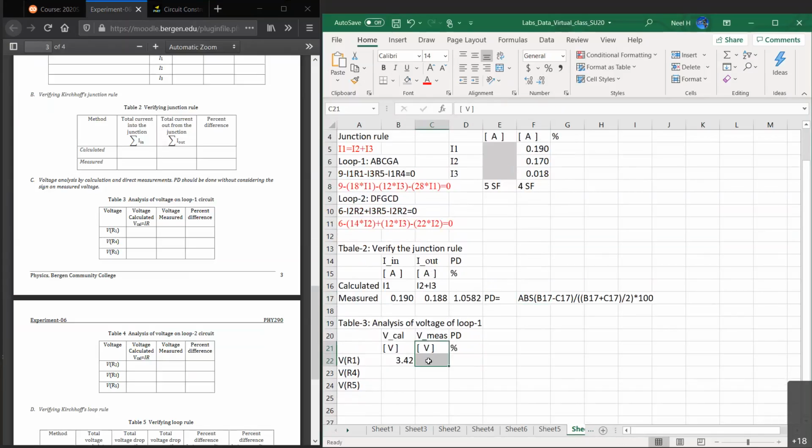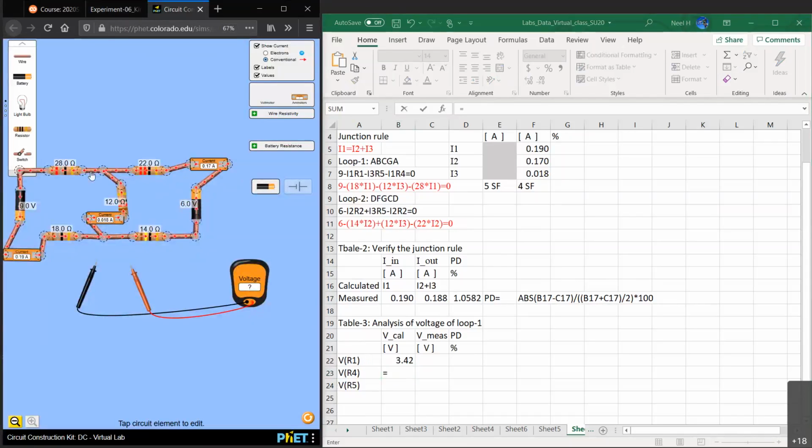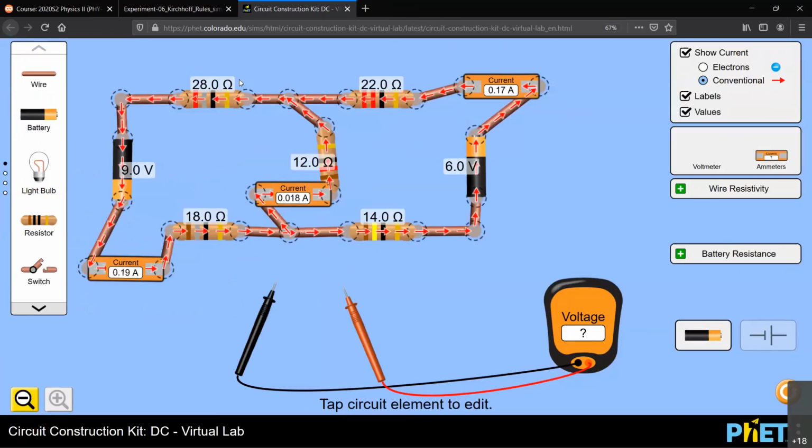All right, so let's do the same thing for R4. Value of R4, 28 ohms. Current passing through R4 is the same as current passing through R1. It's the same segment. You can see this segment right here is the same. If you want to measure that, you can always do that too. This is R4. If you want to measure it, open this part right here and bring a new ammeter.